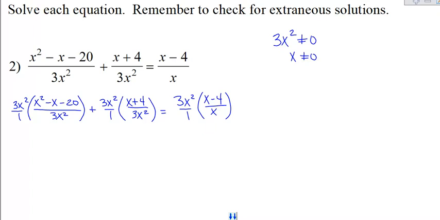Now that we have our problem set up, let's look for things that cancel. In this first term, the entire denominator will cancel out with the common denominator, leaving x squared minus x minus 20.